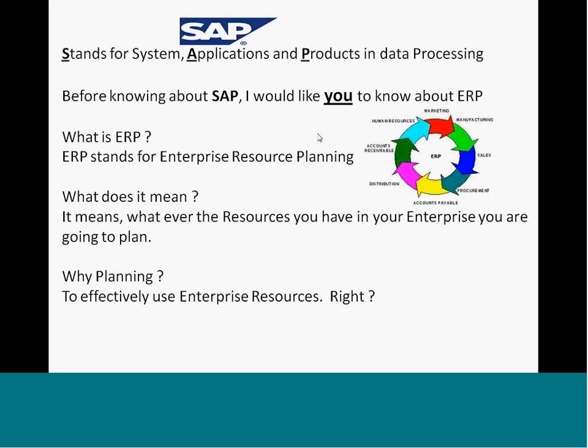Before knowing about SAP, we should know about ERP. ERP stands for Enterprise Resource Planning. What exactly is Enterprise Resource Planning? It means: what are the resources we have in our enterprise, and we have to plan to use them effectively.